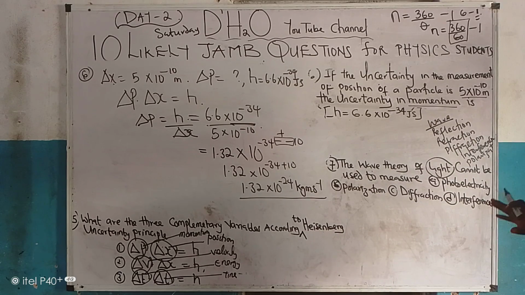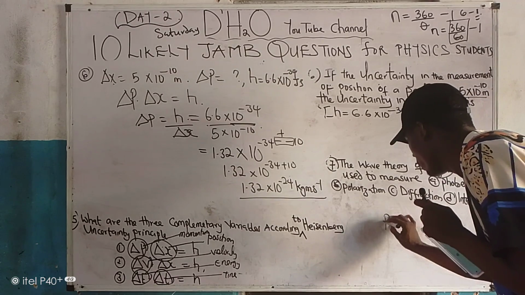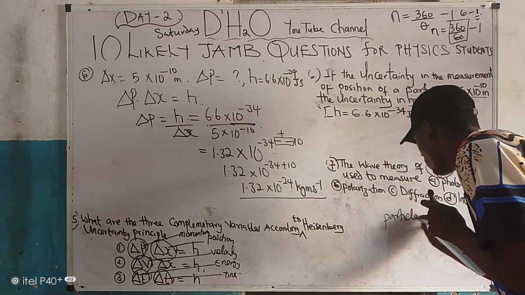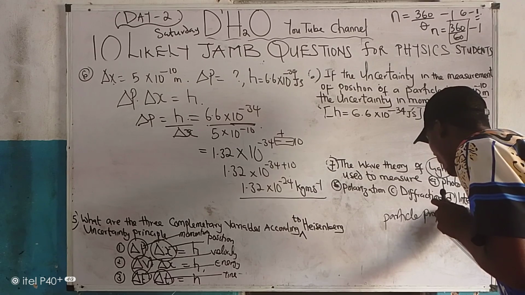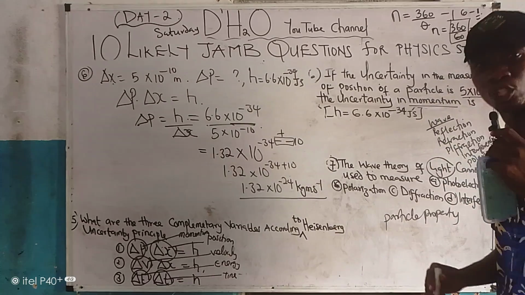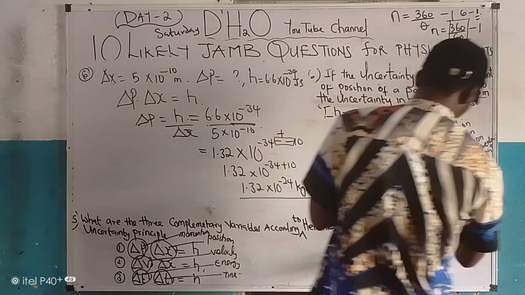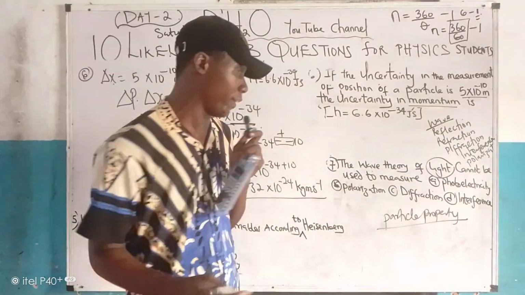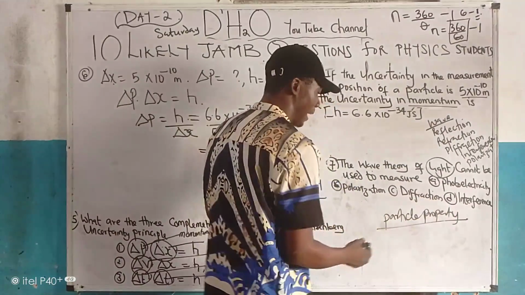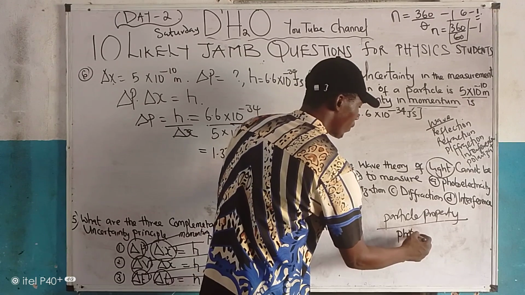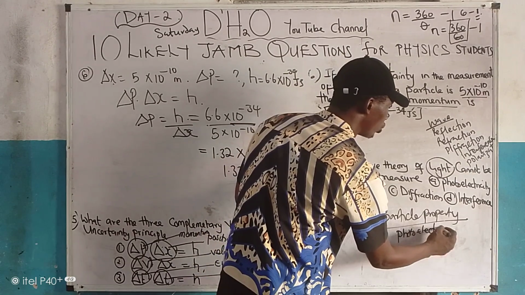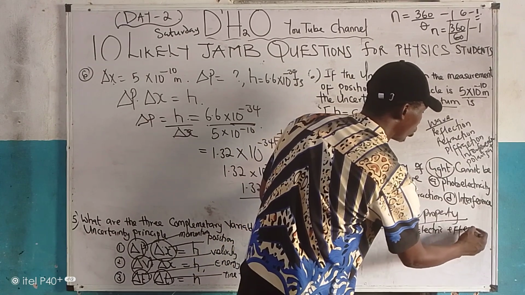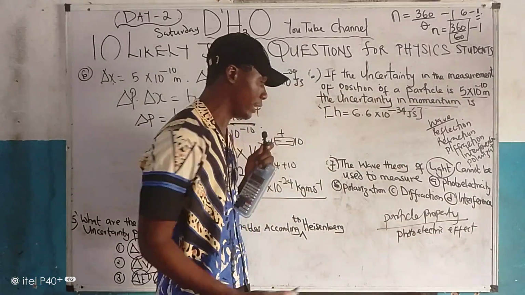Now, what is the evidence that shows that light is a particle? If light happens to be a particle, it means that it will have particle property. And what are the particle properties? The particle property of light is number 1, photoelectric effect, or photoelectricity, or photoelectric emission. They are all the same.